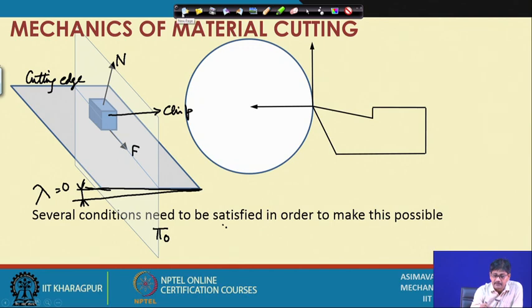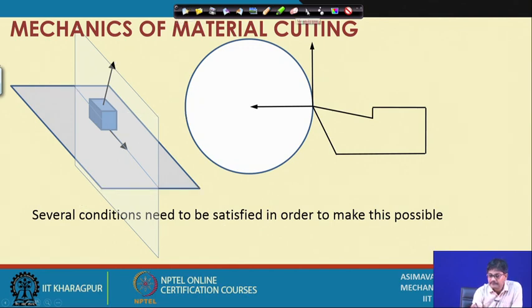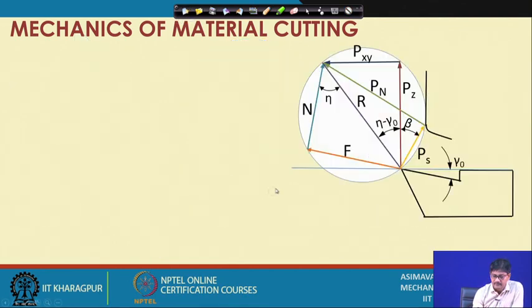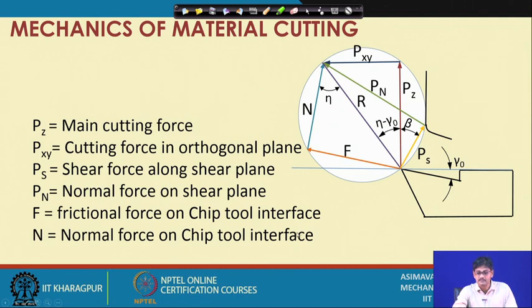So, having agreed about that, let us come to the different relationships which now exist for the resultant forces on the cutting tool. What do we mean by the resultant forces on the cutting tool? On the cutting tool, the forces which are being applied by the chip are normal force and frictional force.